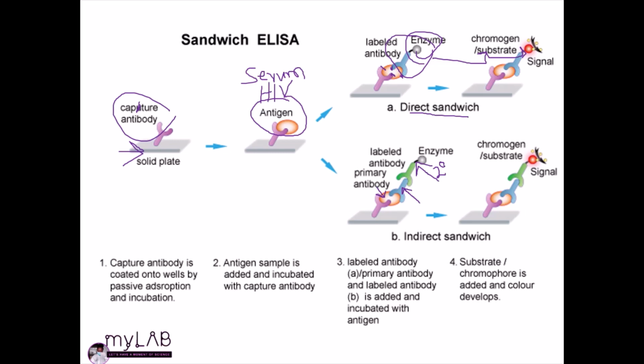So the secondary antibody, of course, has the enzyme that will catalyze the substrate and finally give us a chromogenic color that can be measured. So I hope that is clear.